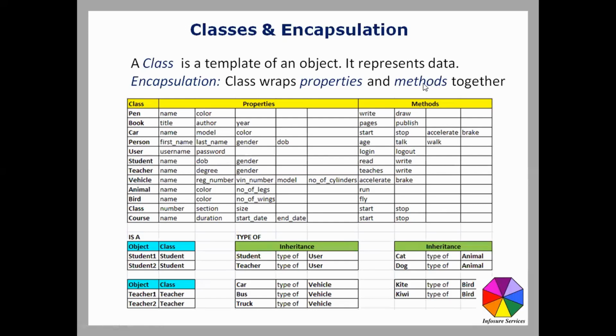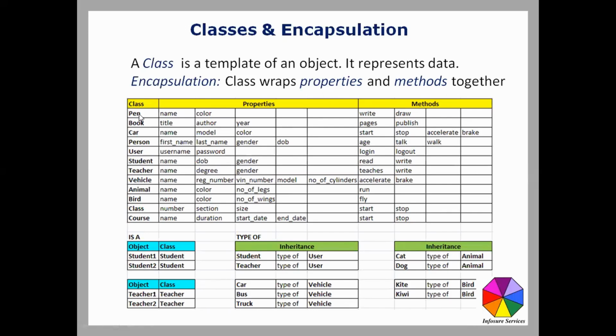As in our last example, I have a sketch pen which has color, which is a property, and write and draw methods. So what does a class do? It binds properties and methods together, and this is the concept of encapsulation. Encapsulation means you are binding a property and method together.